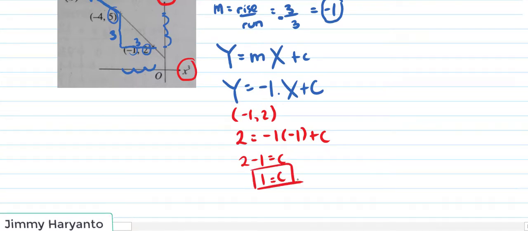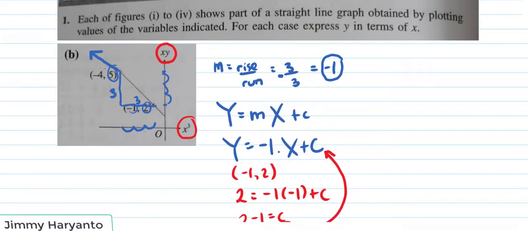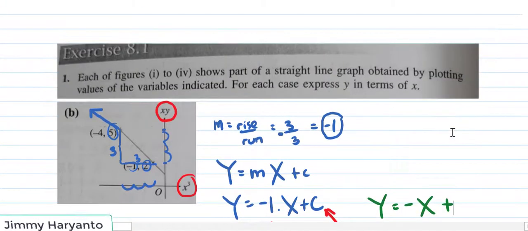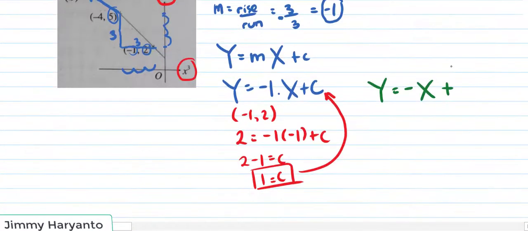I have c. And then after I get c, I can plug it in here, and I will get Y equals negative 1 times X, negative X, plus c, and the c is 1.